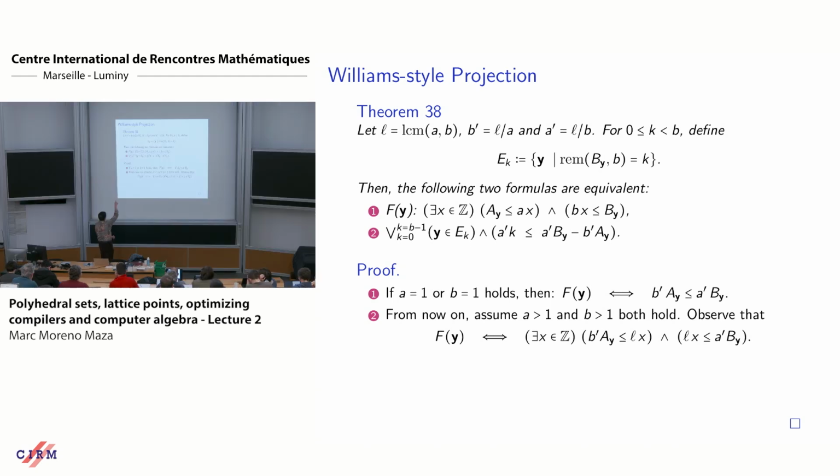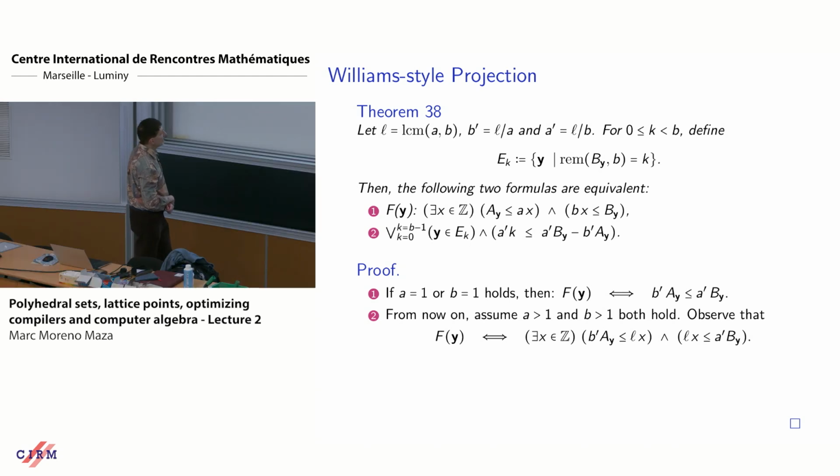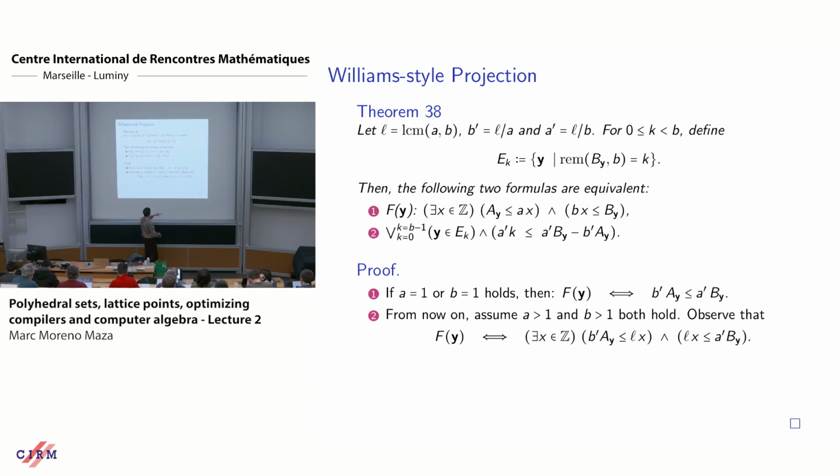So I go back to my f of y to understand what that really means. I use my LCM. And so now what I have is that f of y is equivalent to there exists x such that L times x is between b prime times ay and a prime times by. So what we are saying here is that in that interval, b prime times ay and a prime times by, they are multiples of L. That's the meaning of that sentence, right?